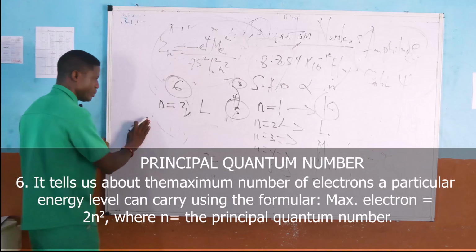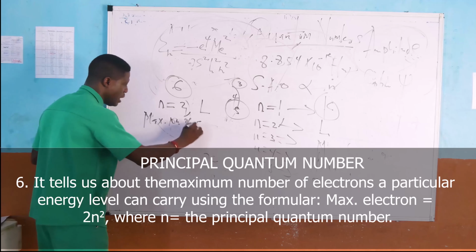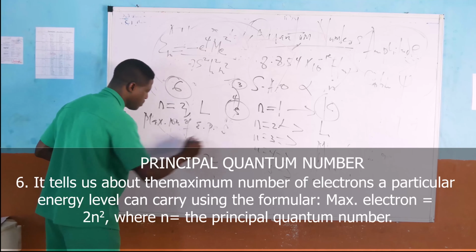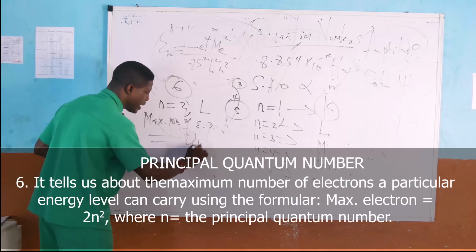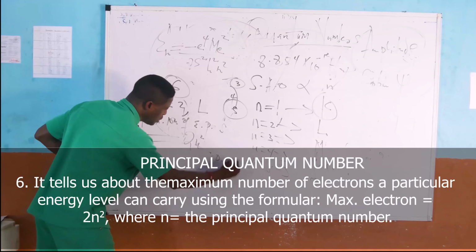By formula, the maximum number of electrons per shell is equal to 2n squared. Take note of that, where n is called the principal quantum number.